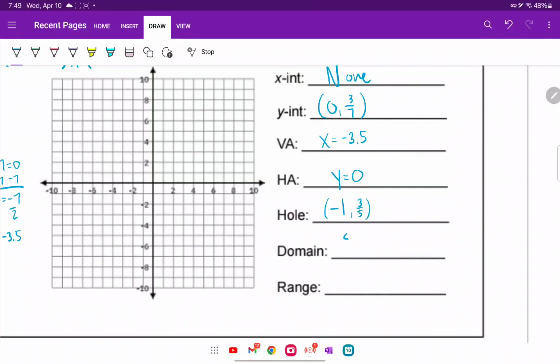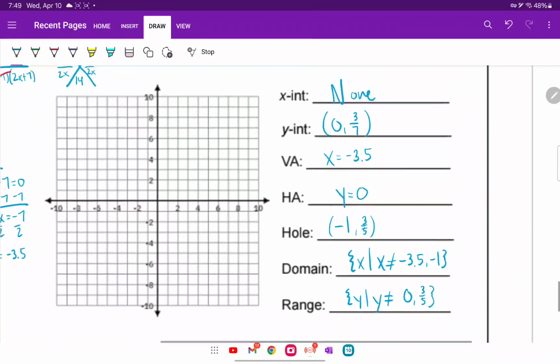And for our domain, x such that x cannot equal the vertical asymptote, -3.5, and the x value of the hole, -1. For our range, y such that y cannot equal the horizontal asymptote and the y value of the hole.